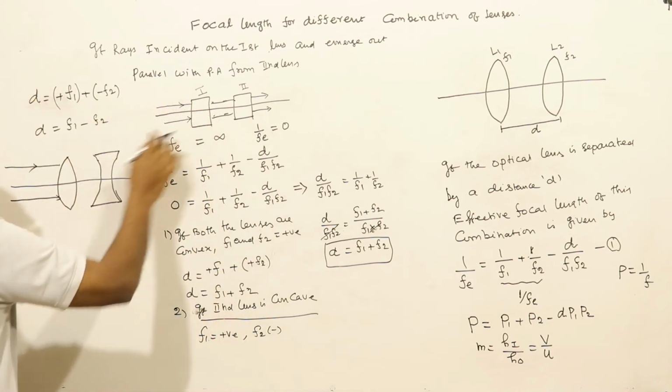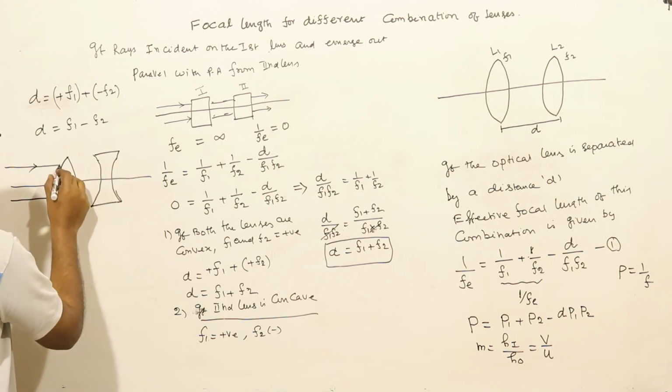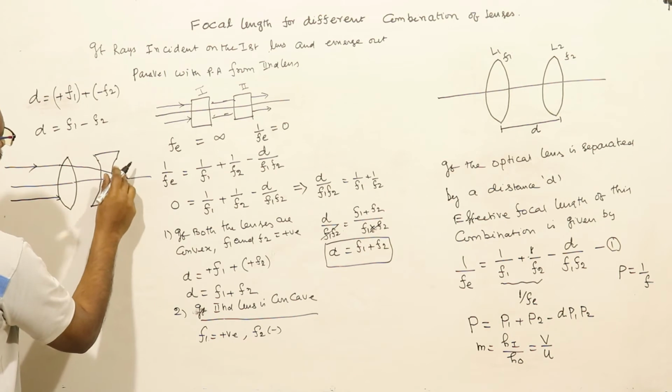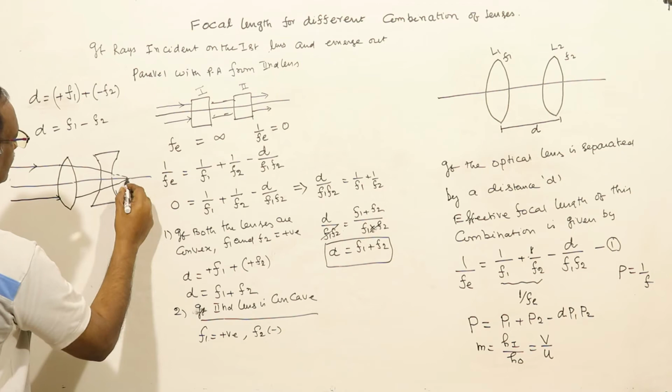Now we have taken this as convex, this as concave. So how will it emerge parallel? Let us see. It will converge like this.